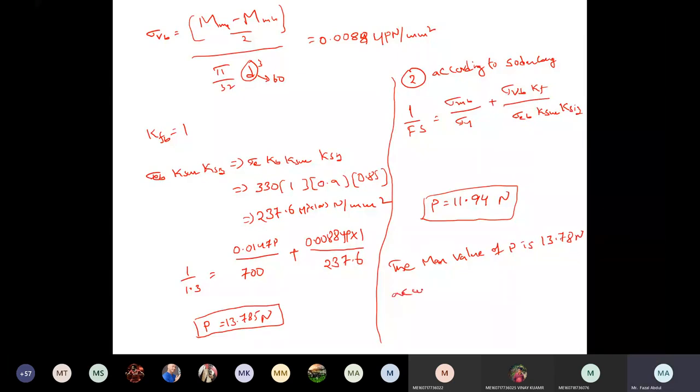So according to the Goodman relation, the maximum load gives satisfactory results.